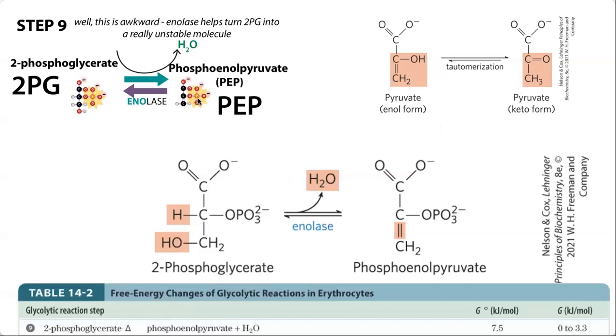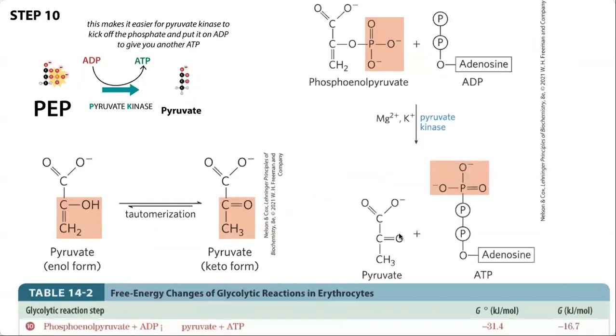And when you are trapped in this enol form, it's going to really, really, really want to go back to the keto form, so much so that we're going to get this negative 16.7 kilojoules per mole of energy if we let it do so.